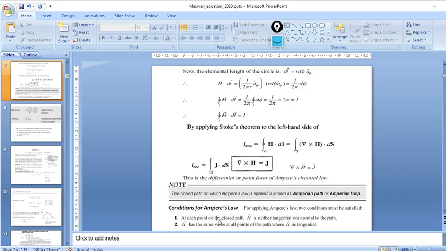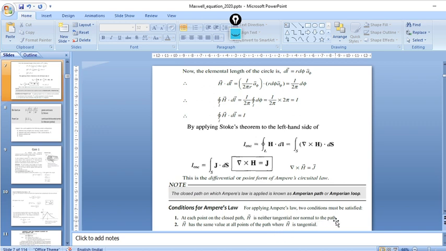Now let's see the conditions of Ampere's law. For applying Ampere's law, two conditions must be satisfied. At each point on the closed path, H is either tangential or normal to the path, and H has the same value at all points of the path where H is tangential.